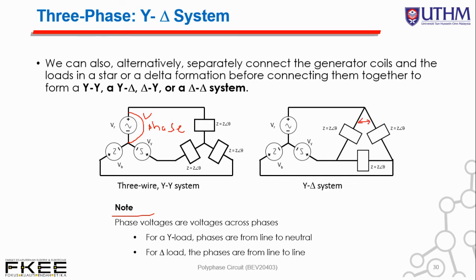This is called V phase. Similarly, from this line to the bottom line we have another V phase. That's for star and delta.